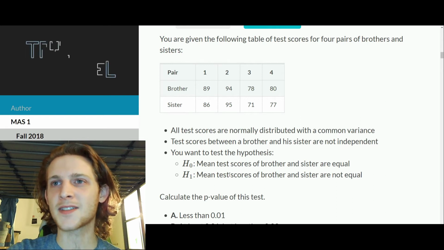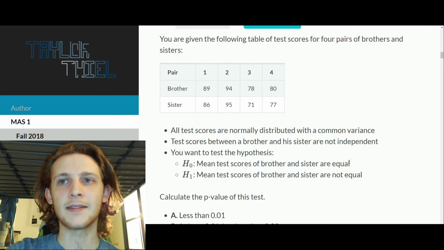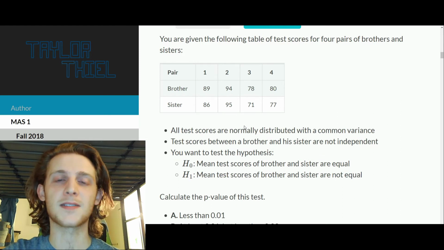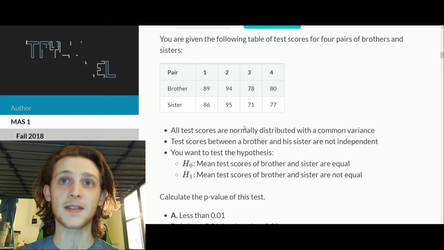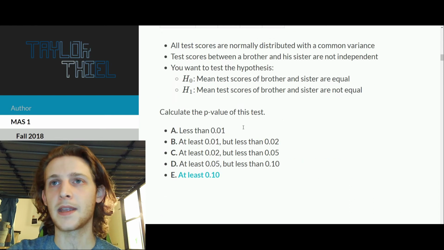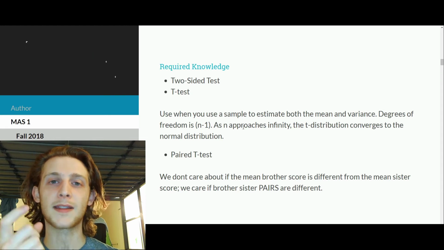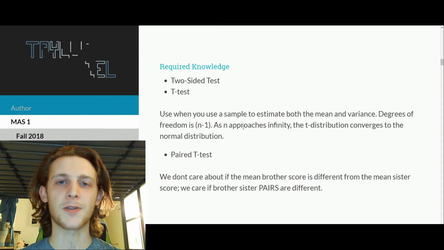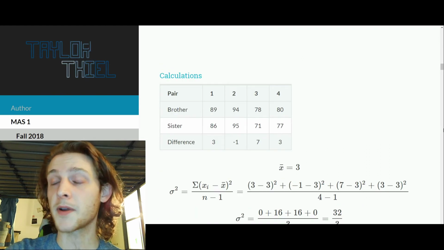So it's kind of subtle in the wording here, and I'd say the wording is somewhat ambiguous, but the fact that they're saying brothers and sisters and not just men and women is also pointing to the fact that you need to do a paired t-test, because you want to make that direct comparison. And that's really simple in terms of all you need to do is calculate that difference and look at the difference instead of the raw values, and then just do a traditional t-test with those differences. So that's what we're going to do.